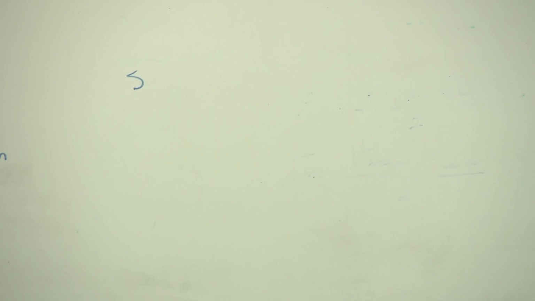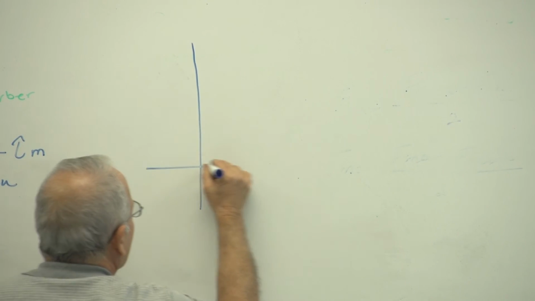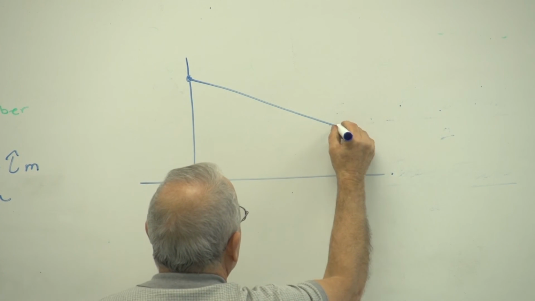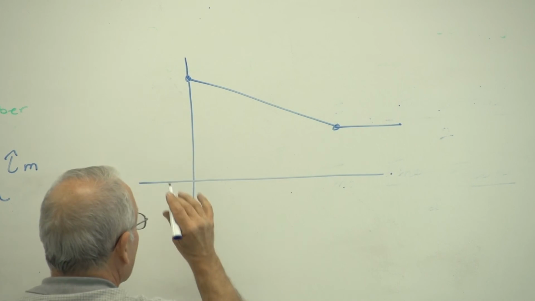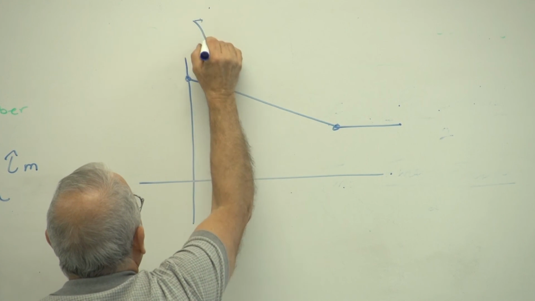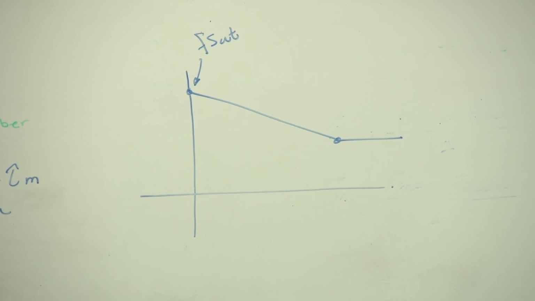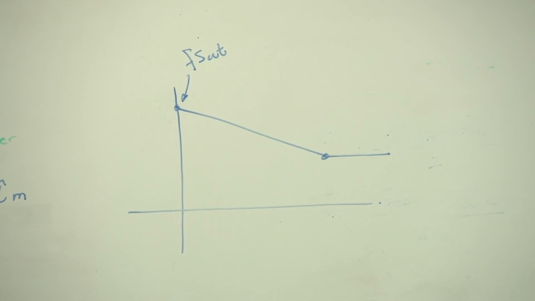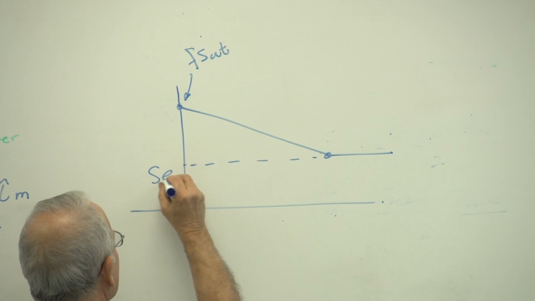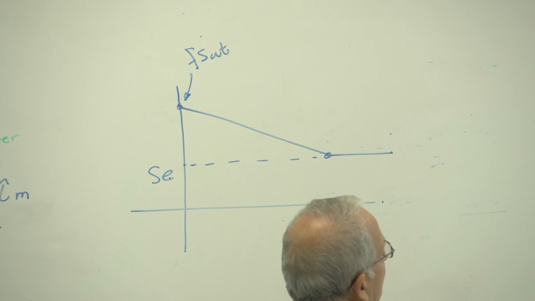Yeah, it's over there. I just saw it. If you draw this diagram for shear, this factor was FSUT, remember that? In here, well, actually, let me finish this. And that was SE. For shear, you'll have this shape.